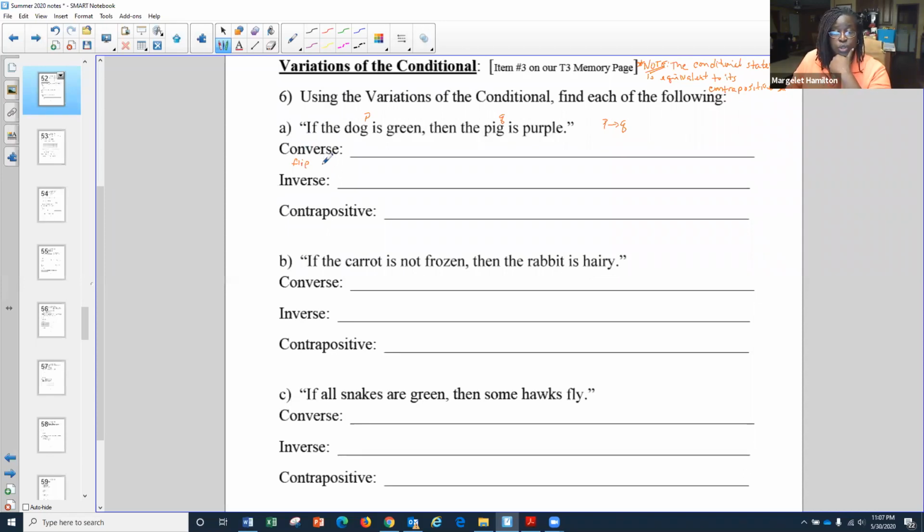So we're going to do Q implies P. Oh, that's ugly, isn't it? So Q implies P is what we're doing. That means we're still going to have an if-then. So we know we're going to have: if the pig is purple.